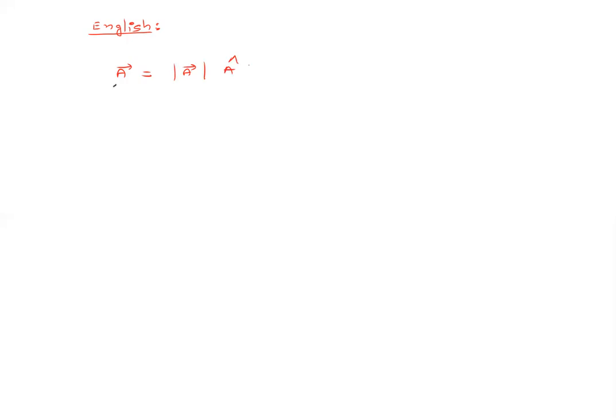This vector contains two things: one is magnitude, and I told you previously that unit vector represents direction. This part is read as a cap, this part is read as a bar.